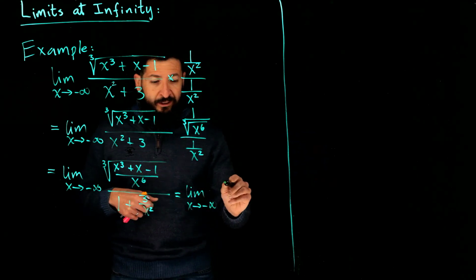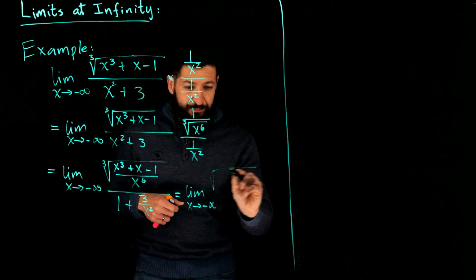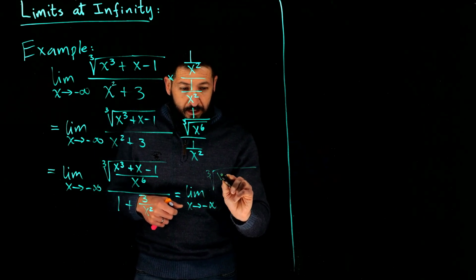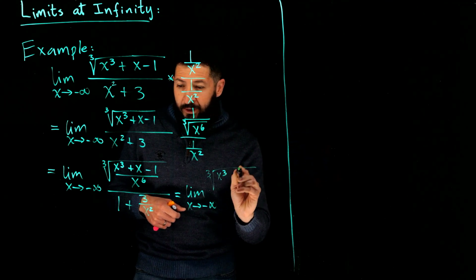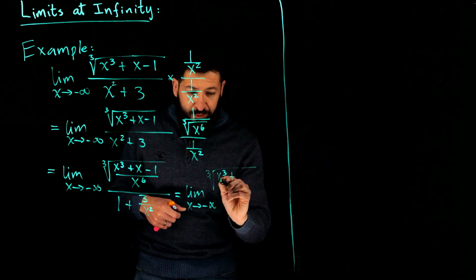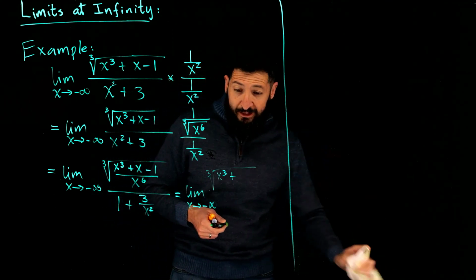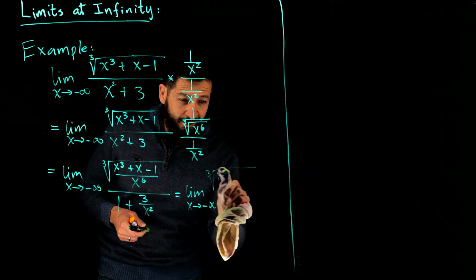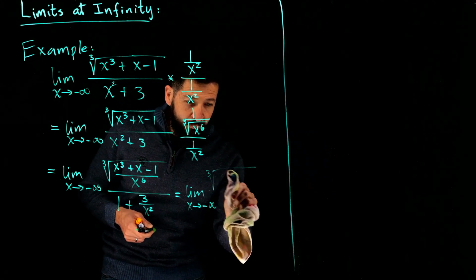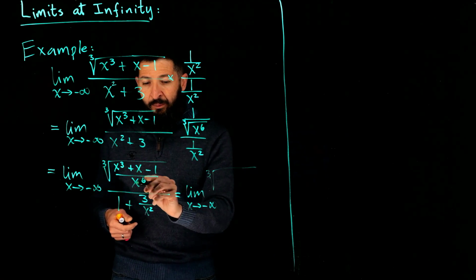that I can distribute this x cubed plus, oops, my bad, I said I would distribute it and I did not distribute it. That's not good. Let's do it. So I get x cubed divided by x to the 6th.